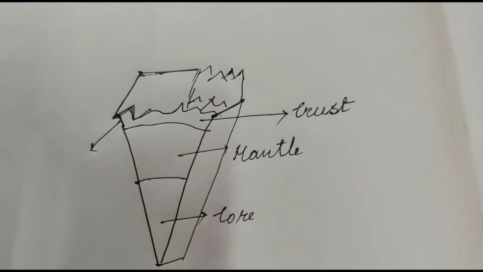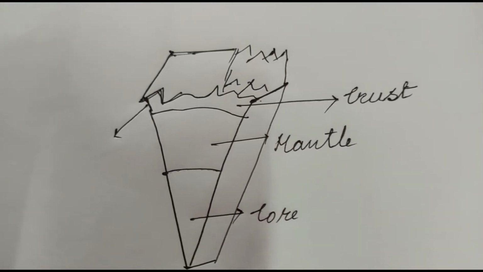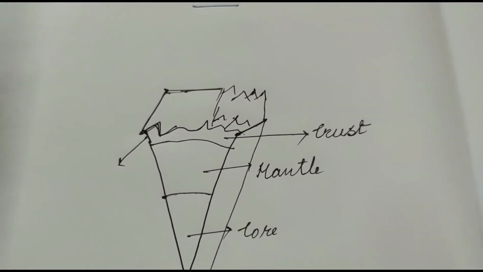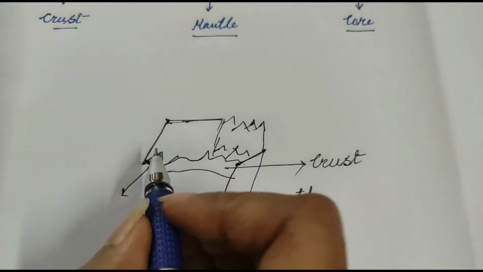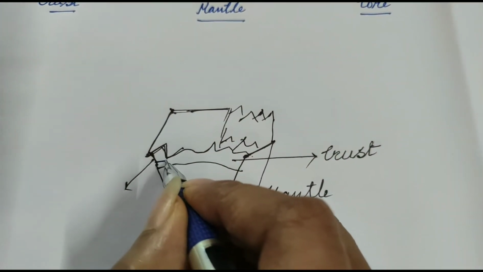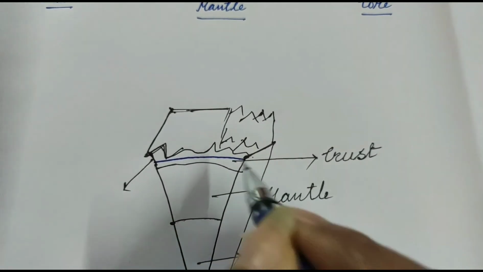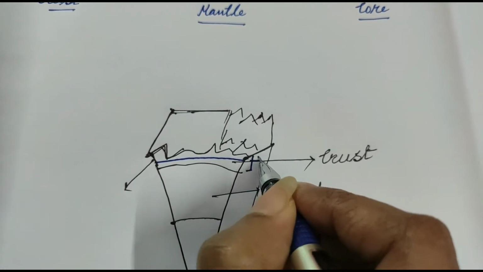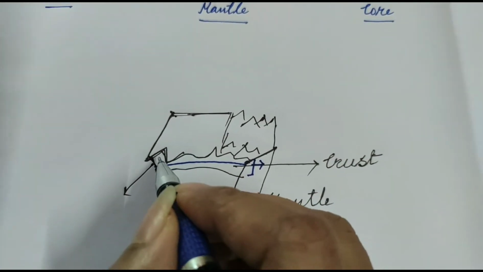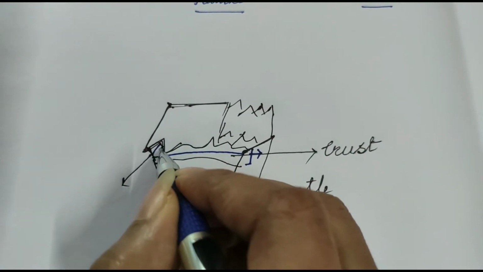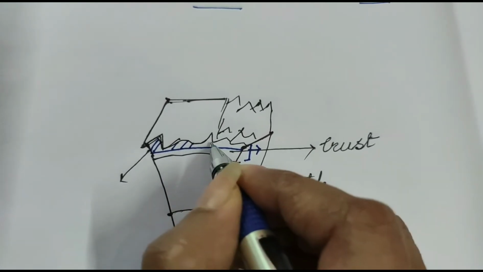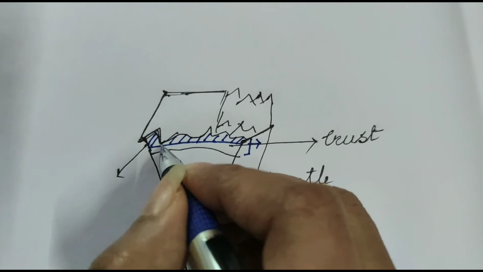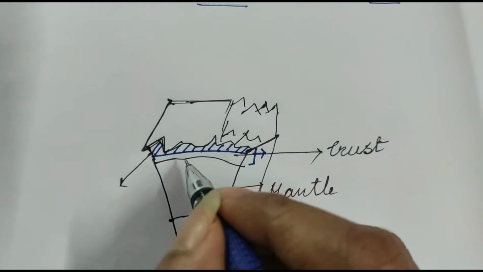So this total portion is called the crust. Here when you draw the picture, that time you have to do like that. That is the crust. Here you have to divide another line. This total portion is the crust. Here you have to use any sign or any color. I will give you the picture.